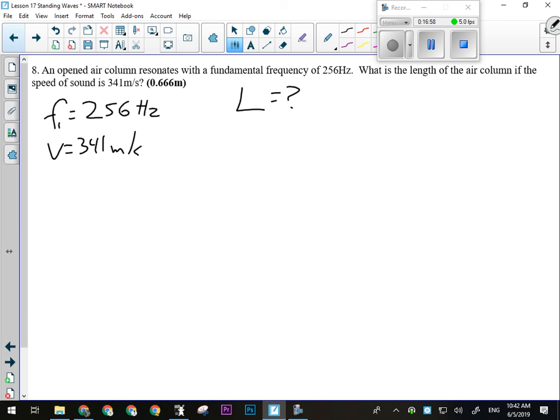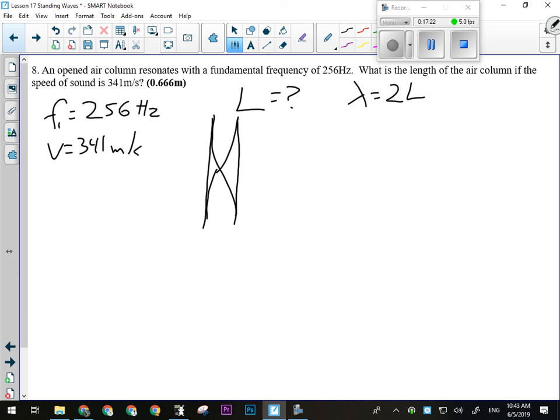This is an open air column at its fundamental frequency. That's what it looks like, because lambda equals 2L for open air columns at their fundamental frequency.